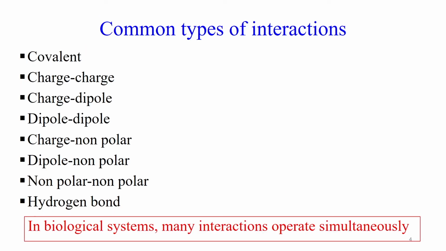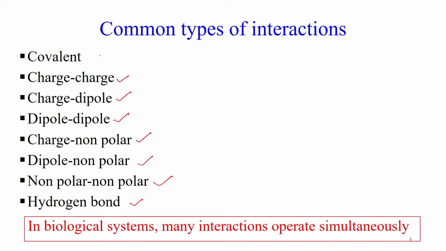Common types of interaction which we typically see in biological systems or any chemical system include the covalent interaction, ion-ion or charge-charge interactions, then charge-dipole interaction, dipole-dipole interaction, charge-nonpolar interaction, dipole-nonpolar interaction, and nonpolar interaction, also known as hydrophobic interaction, and hydrogen bonding.